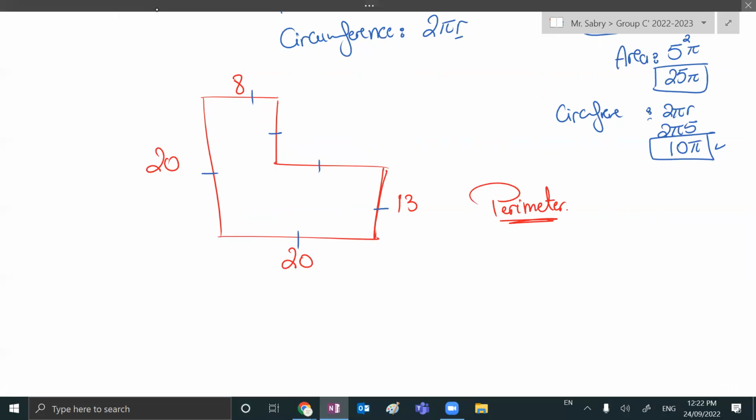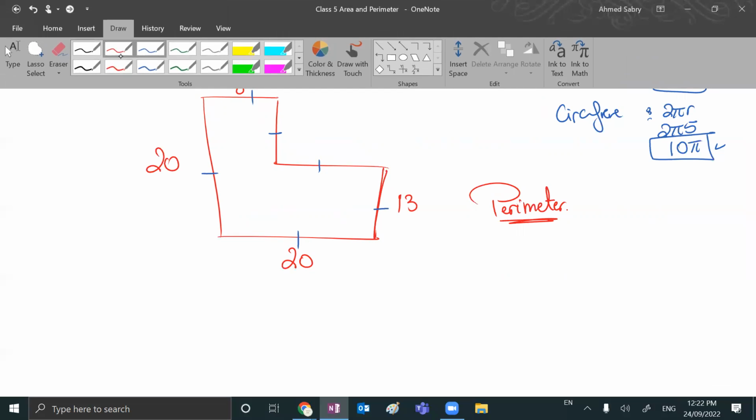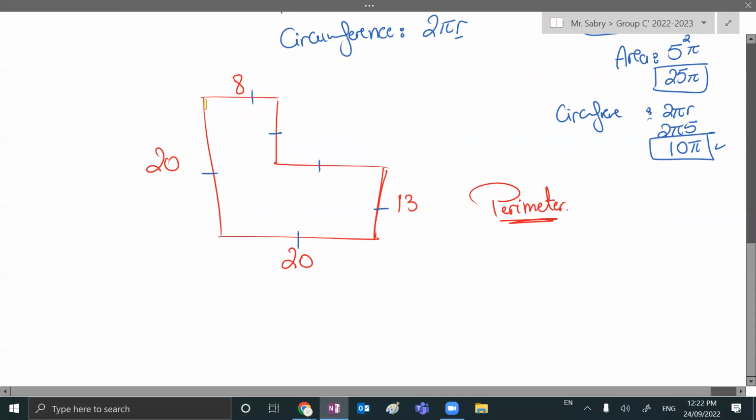Now take a look at the given lengths. If this whole side is 20, then from this point here up until this point here, all of this length is 20, right? Part of it, which is this part, is 13.